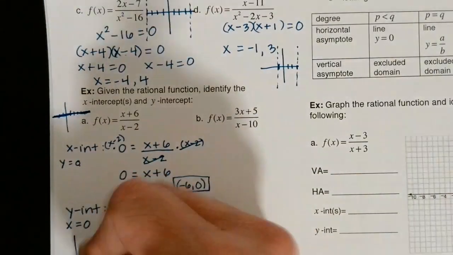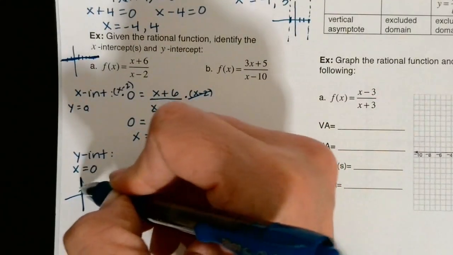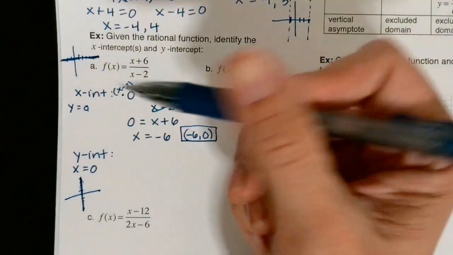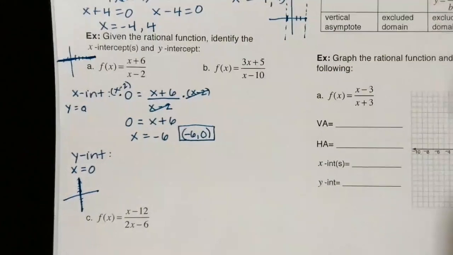Well, what if I'm solving for my y-intercept? That means here. So my y values are all changing, but what's staying consistent is I don't move at all horizontally, so x equals 0.